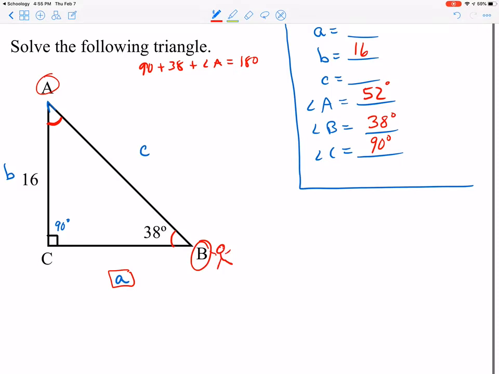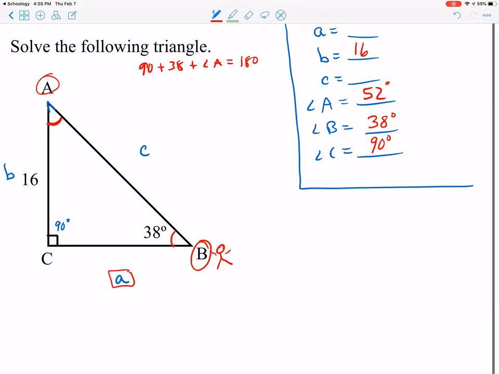I could stand at angle A now that I found that to be 52, but what I like to do is always go back to the givens so that I'm not using any of the measurements that I had to find. If I've made a mistake in finding angle A, then I'm not using angle A to find other side lengths or angle measures. I don't want to build on a mistake that I create. So instead, I always go back to the given.